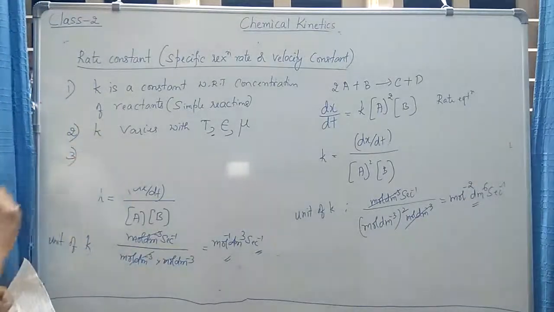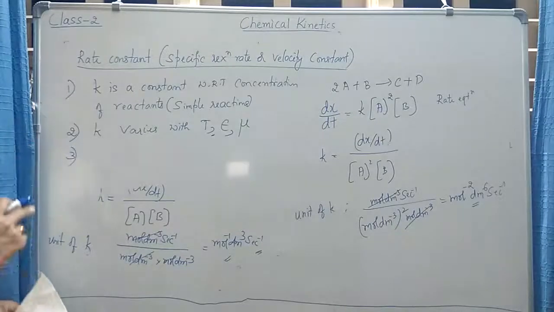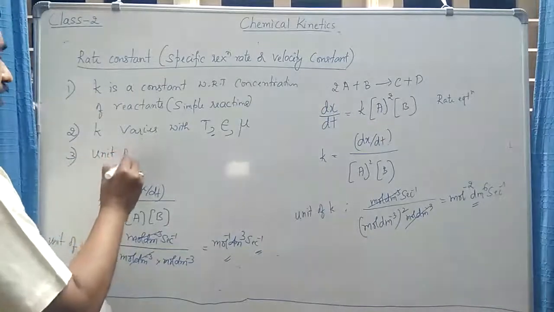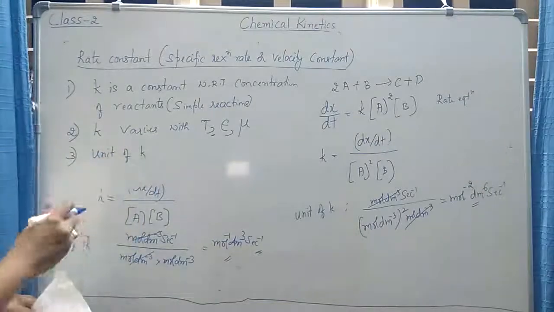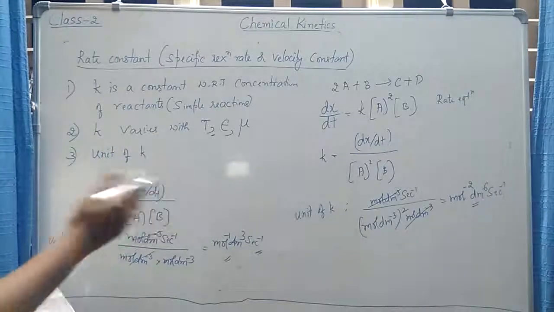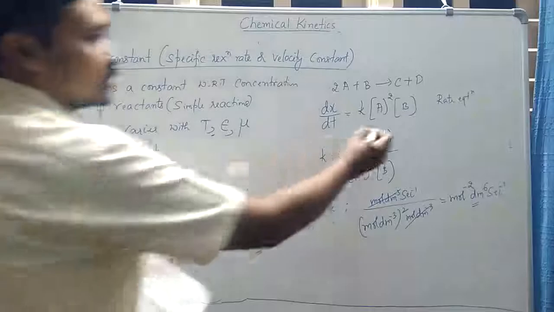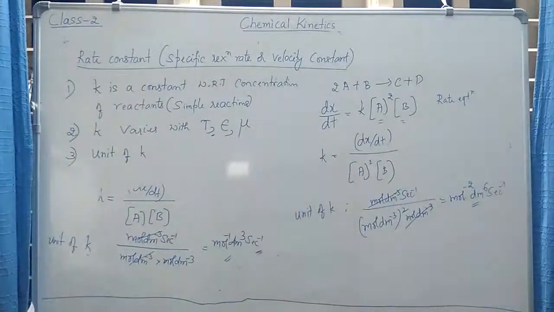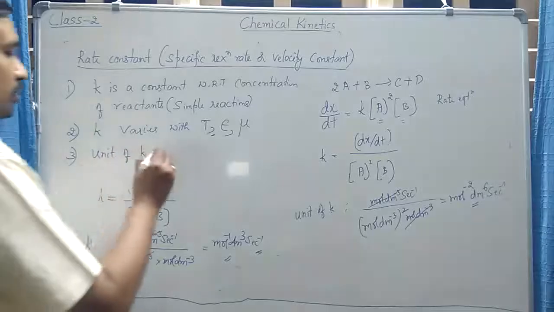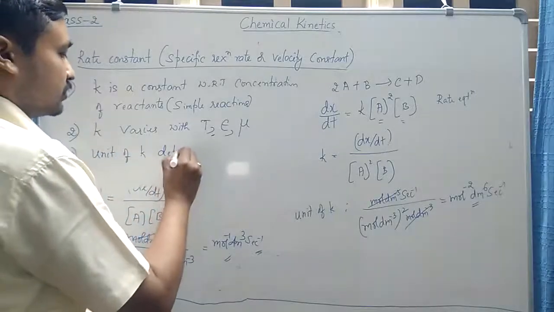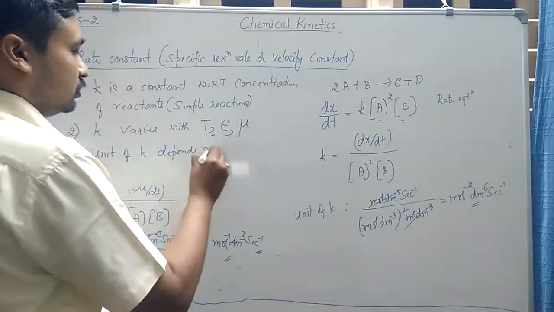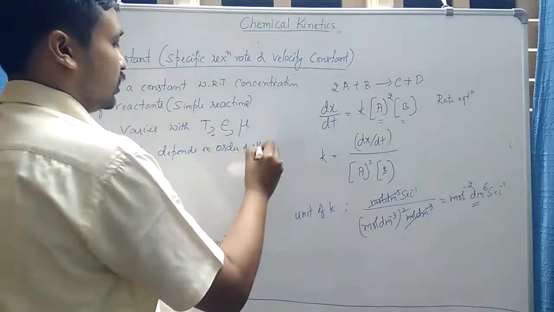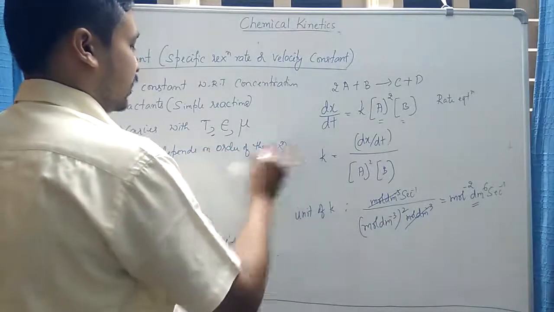The third feature of rate constant is that the unit of K is not the same. It varies as the concentration terms differ. The unit of rate constant also differs. So the unit of K depends on the order of the reaction.